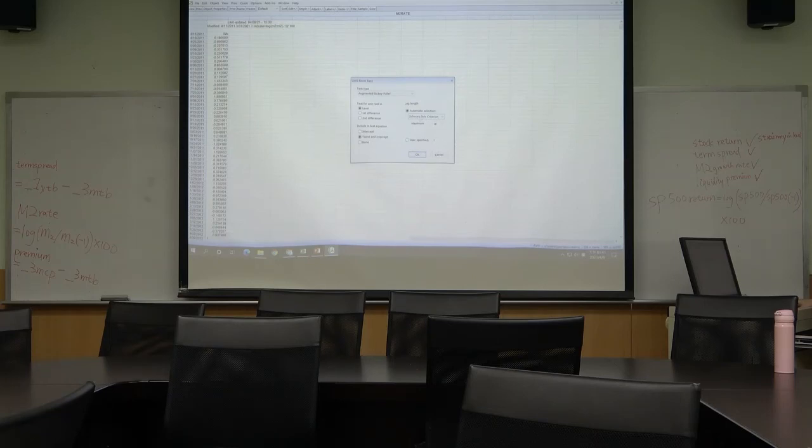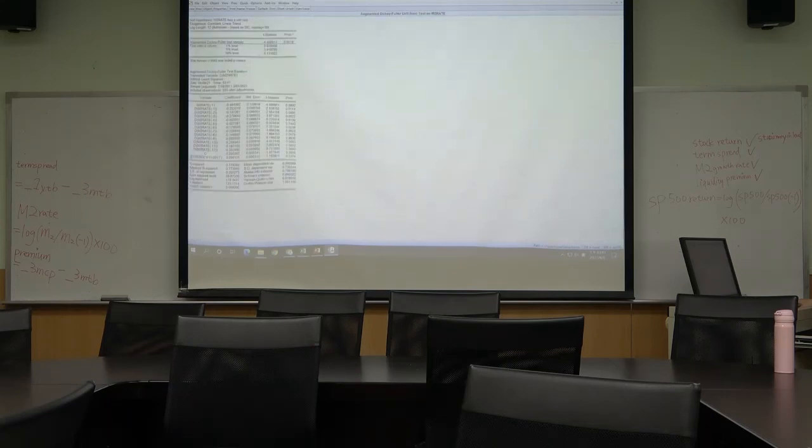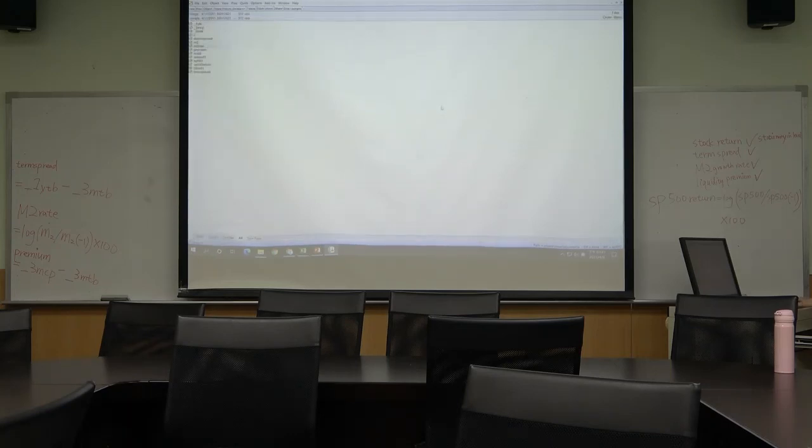The selection is Schwarz information criterion, maximum lag 18. From the test statistic, it is significant. It is lower than 0.01. So M2 rate is stationary in level, so we do not need to take the first difference of that.